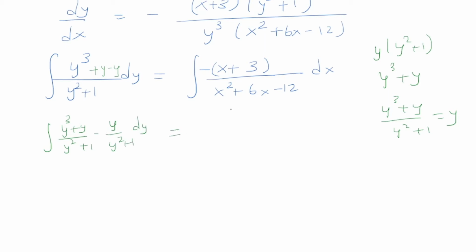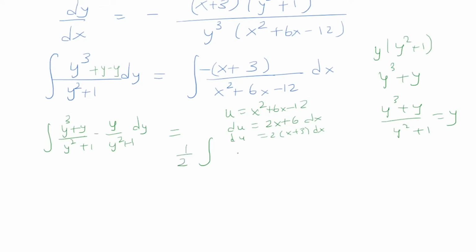And on the right here, we're going to use a u substitution. We'll let u be the denominator. So du will be 2x plus 6. Here we have x plus 3 dx, and here's 2 times x plus 3 dx. So then that'll be du over 2.